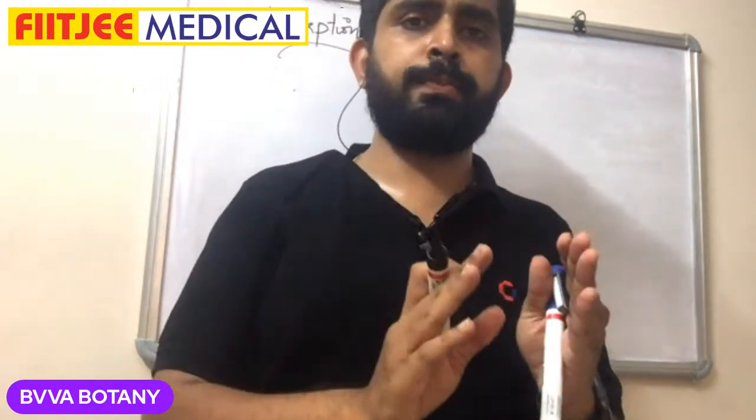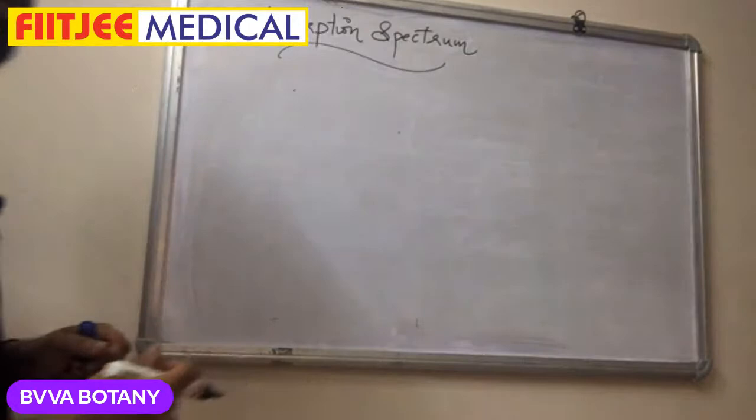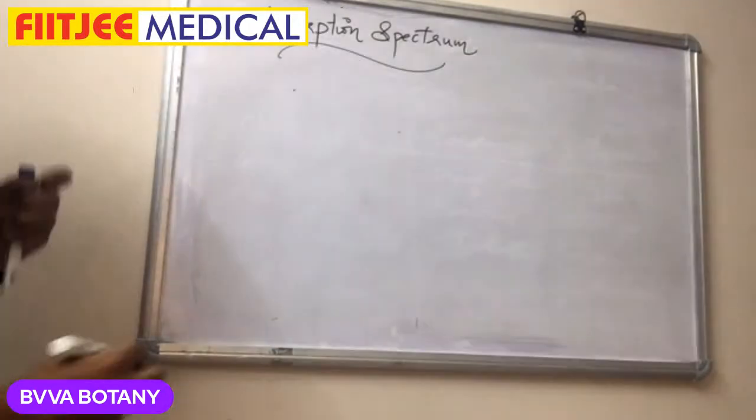Here we call that compound what? Our pigments. So the graph represents the amount of wavelength absorbed by the pigment molecules.